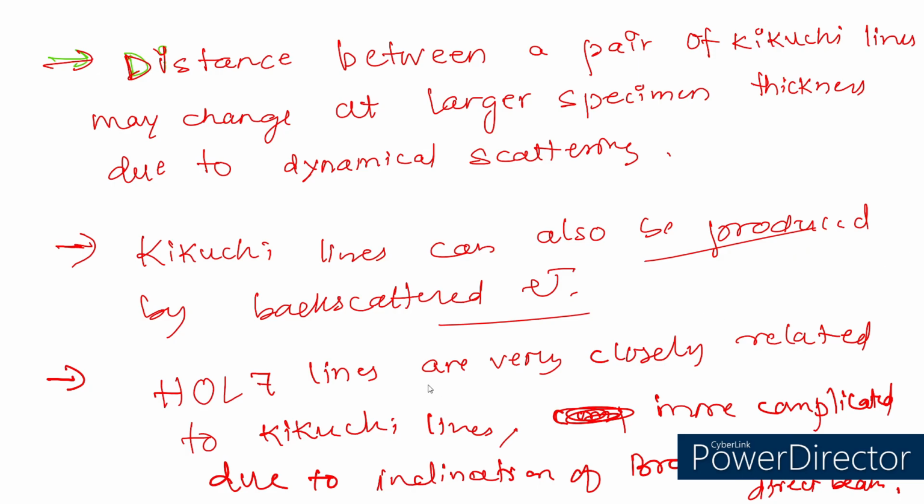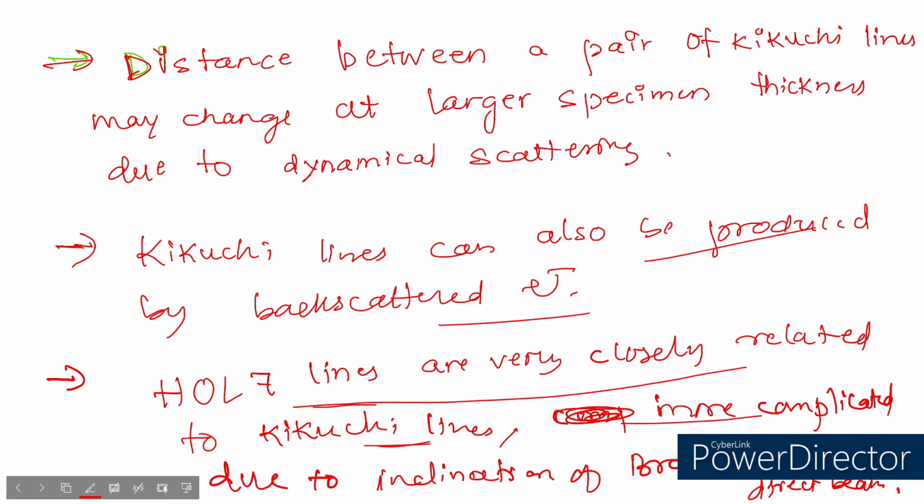Then the HOLZ lines are very closely related to Kikuchi lines, but a little more complicated due to the inclination of the Bragg plane to the direct beam. But they are also very good at characterizing a sample.